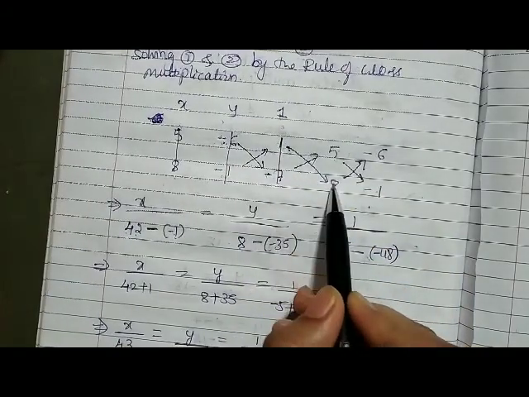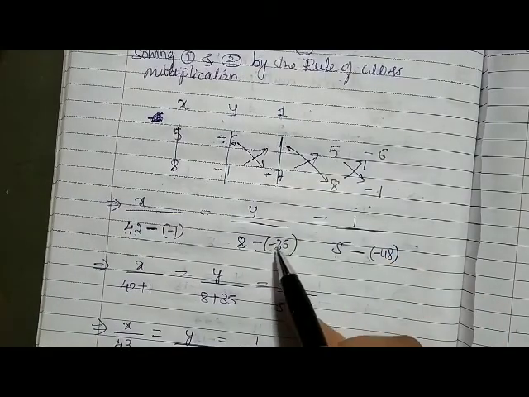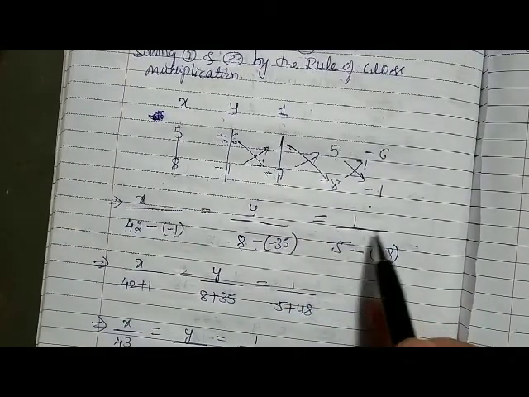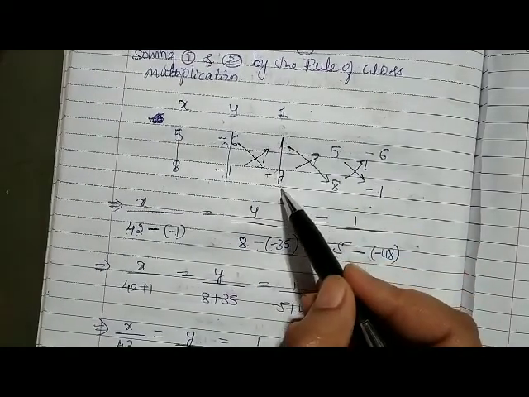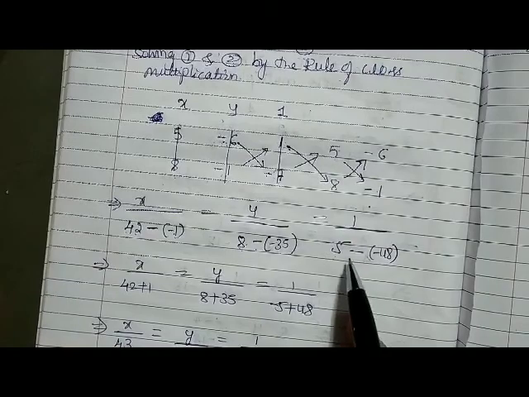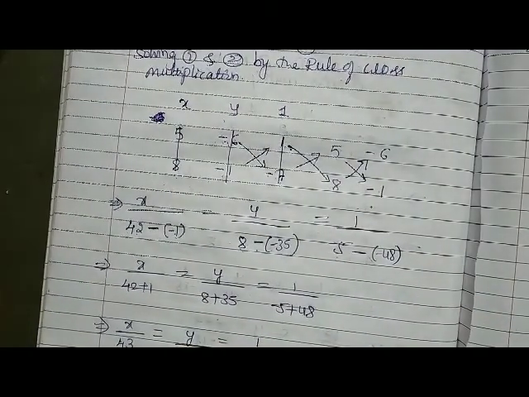Okay. So 1 into 8 is 8, minus 7 into 5 is minus 35, which is equal to 1 divided by, delete that column, proceed further, that is 5 into minus 1 is minus 5, minus 8 into minus 6 is minus 48.